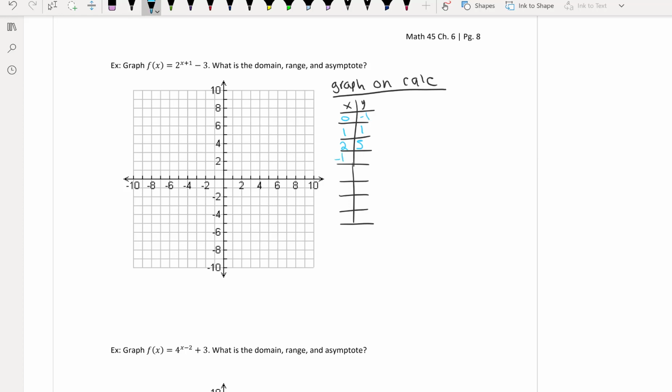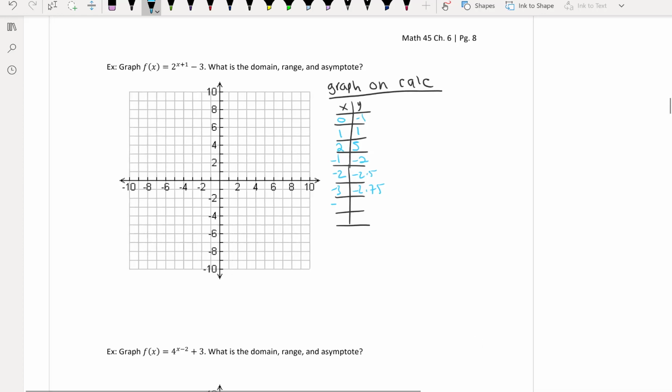If I start with the x value of -1, I get -2. If I go to -2 for my x value, I get -2.5. If I go to -3, I get -2.75. And if I were to go to -9, I get -2.996.